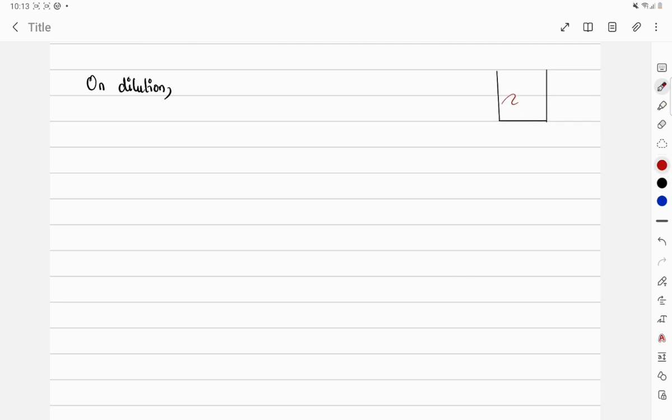So initially my solution was up to here, and then I diluted it. Now it has become till here, but this does not change my total number of moles. So total number of moles unchanged.